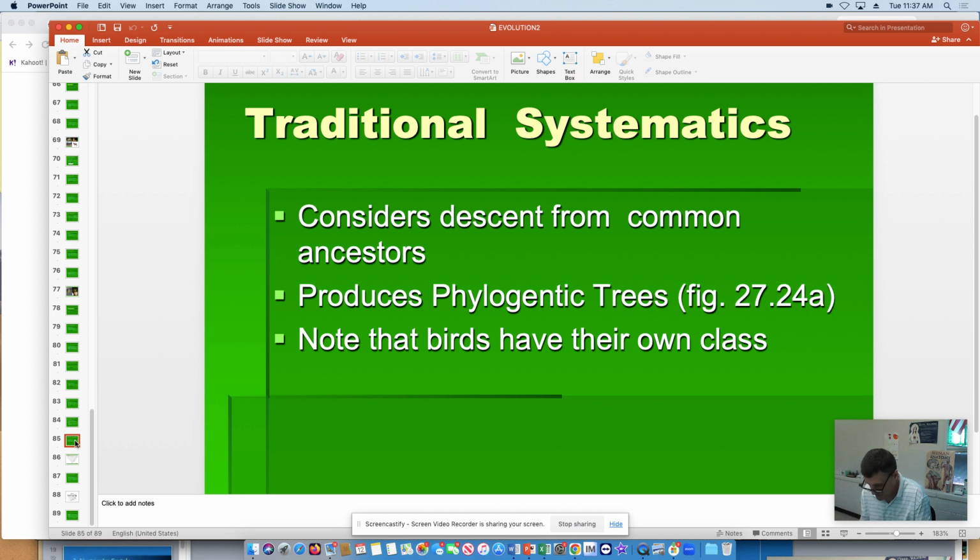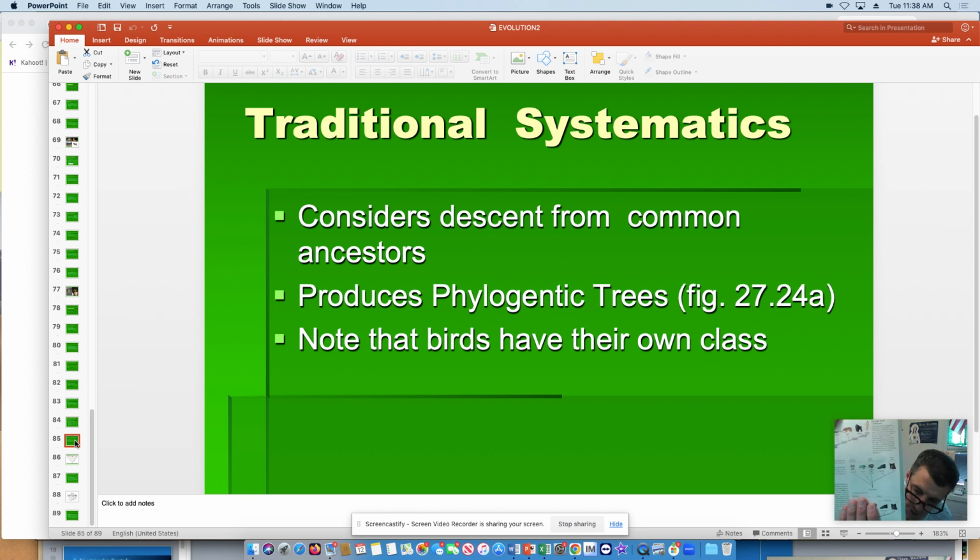And then I have one that's up on here also, but it's page... Okay, traditional systematics are in figure 27.24 A, so it's on page 567.